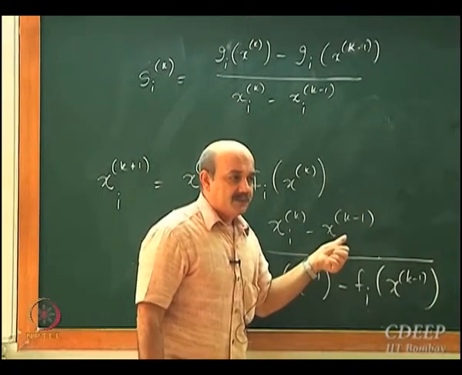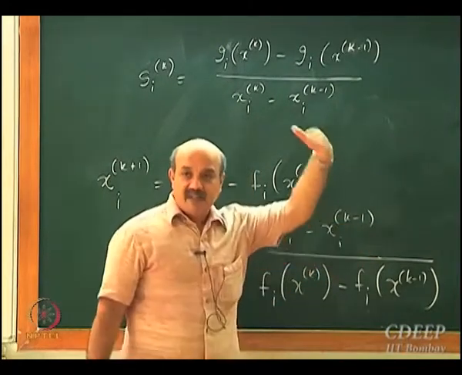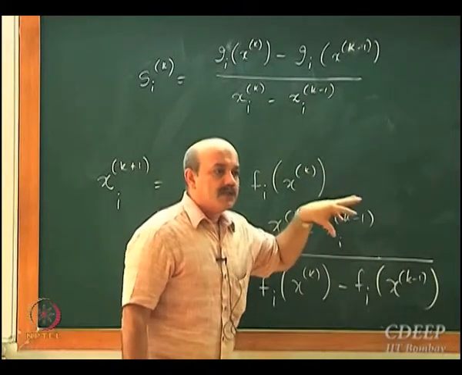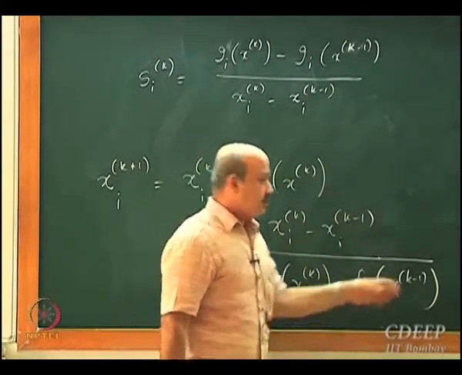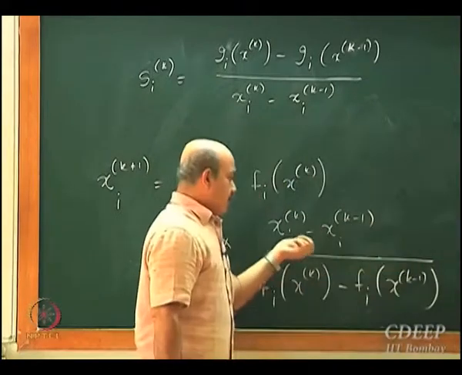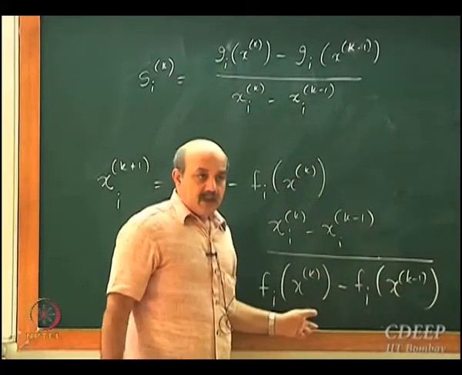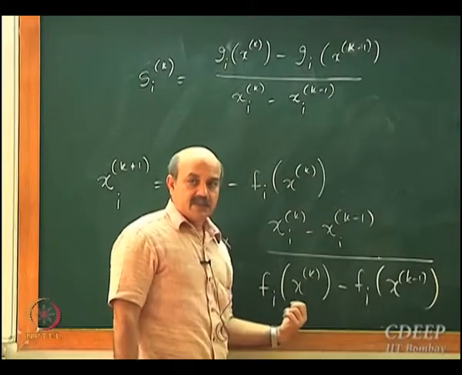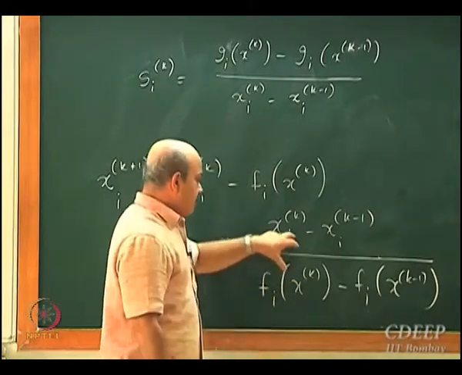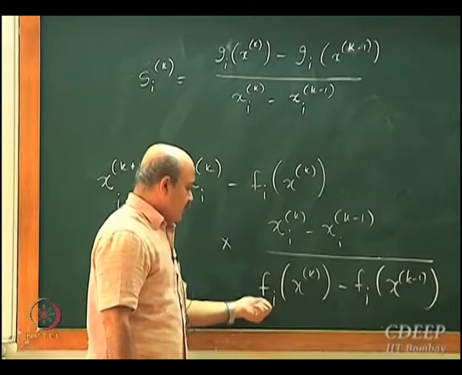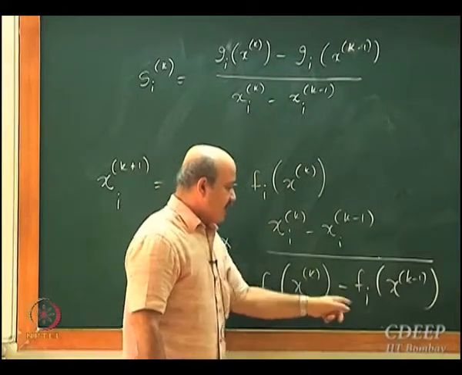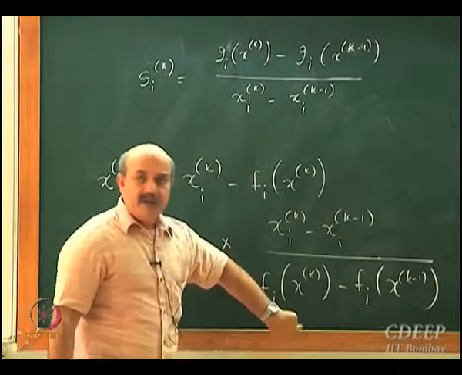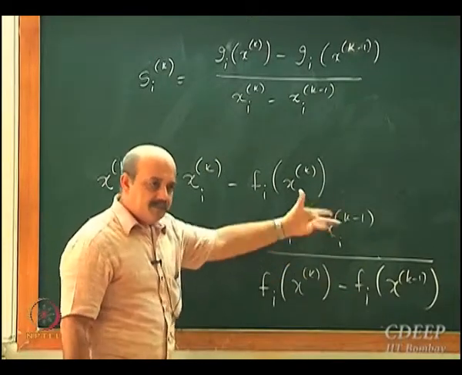Fi is a scalar function; capital F is the vector function, and fi is a component of the vector function F. So I am taking the ith scalar function, and this is fi of xk minus fi of xk minus 1, divided by this, one upon that has become.